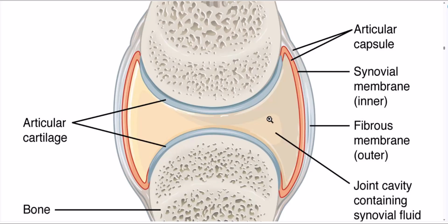And this fluid is providing the nutrients necessary to sustain those chondrocytes. So this reminds me that movement of a joint is critical to maintain its health. If a joint is static and is not moving, then this fluid is not forced into the cells and the cartilage can begin to have a degradation or a breakdown. We'll talk about arthritis and different sorts of inflamed joints later on in this chapter.